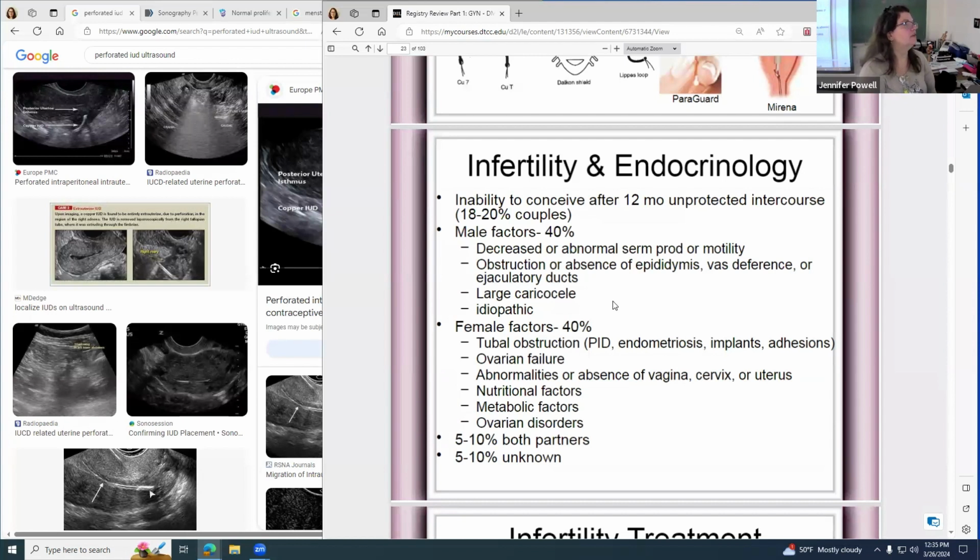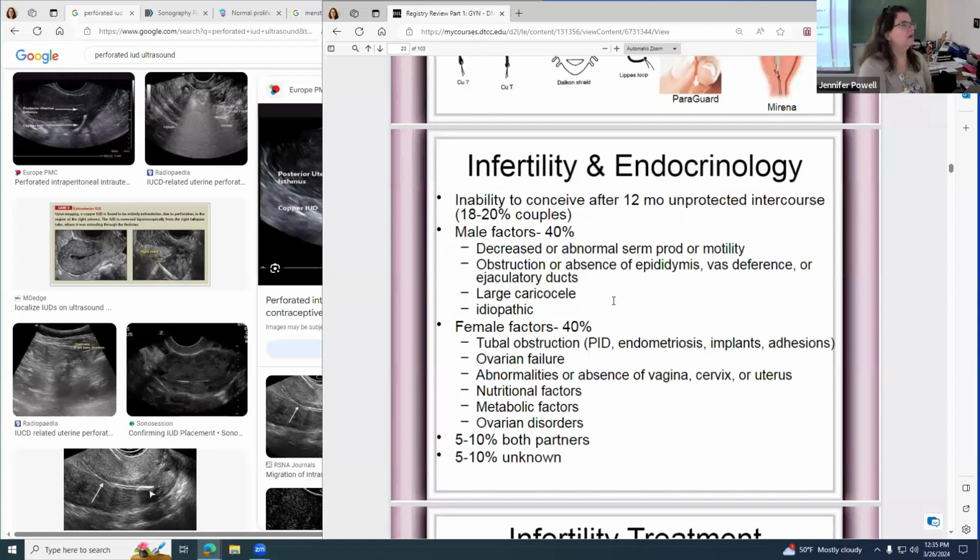It's not always the female. 40% of the time, it is due to decreased or abnormal sperm production or motility, an obstruction or absence of the epididymis, I mean, the vas deferens or ejaculatory duct.